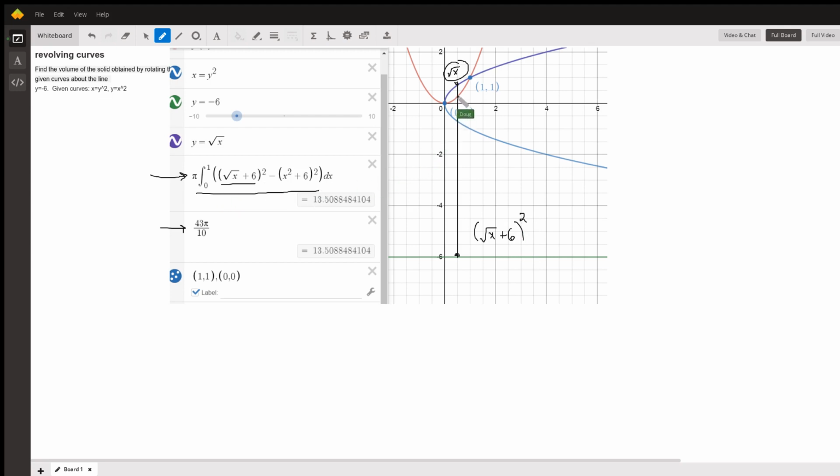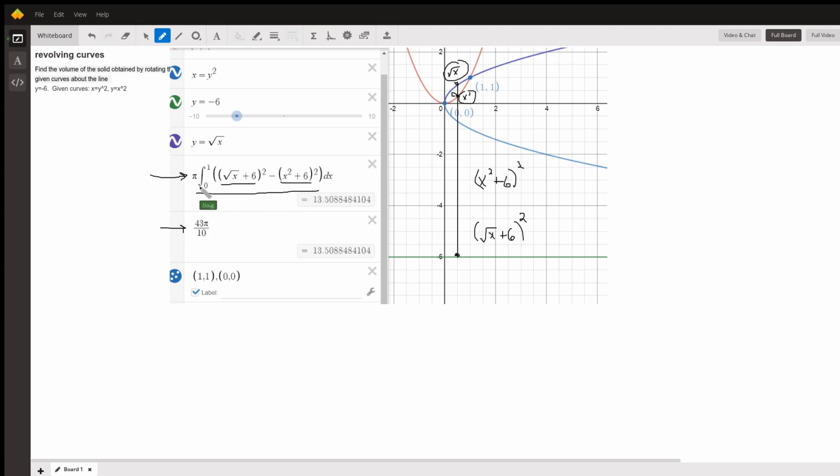And the inner radius is the distance from this point along the curve y equals x squared, which has a y coordinate of x squared. So the inner radius is the distance from here down to here. That's x squared, top minus bottom again. x squared minus a -6 is x squared plus 6. And there's the inner radius squared.